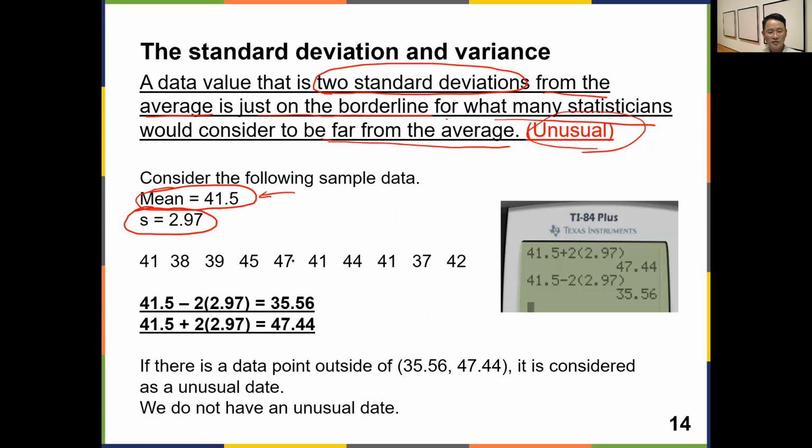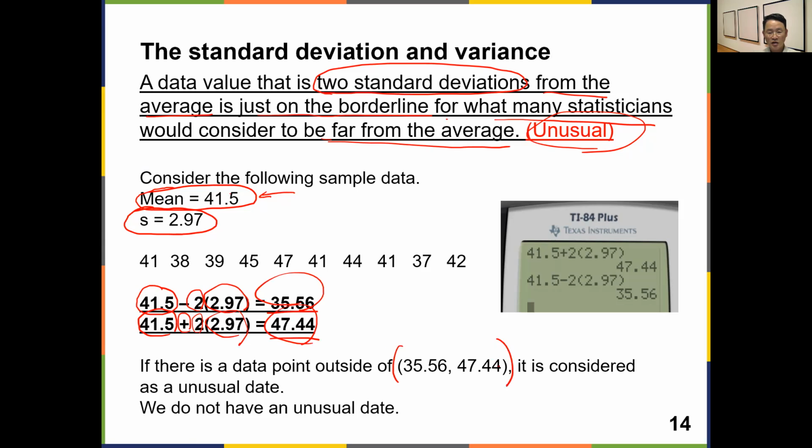Then you put it in the calculator. From the mean, you do minus 2 times the standard deviation, and you do the mean plus 2 times the standard deviation, and it'll give you these two numbers, this and this.